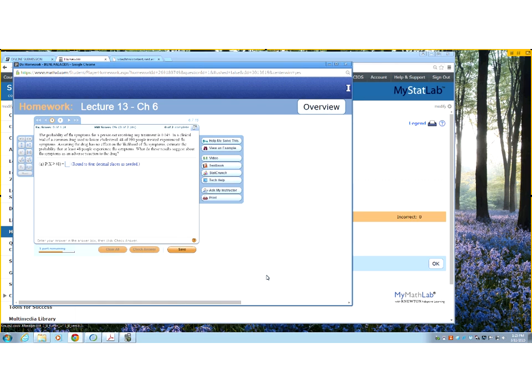So does one look better than the other? Desktop or whiteboard? What do you think? Oh, the whiteboard looks better. Okay.